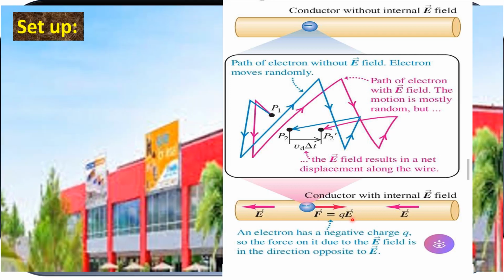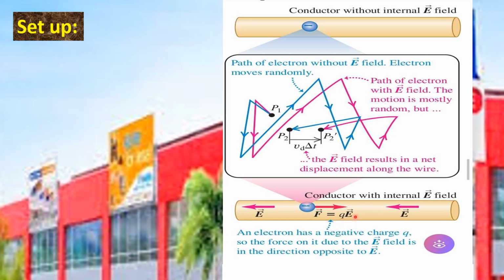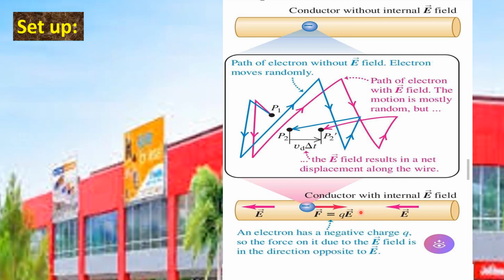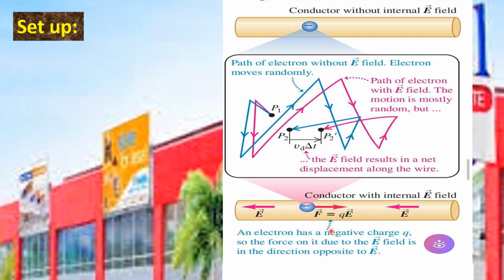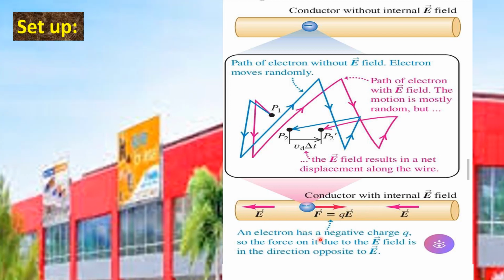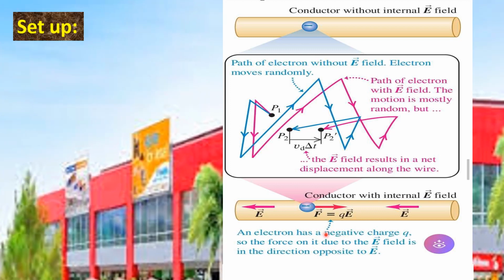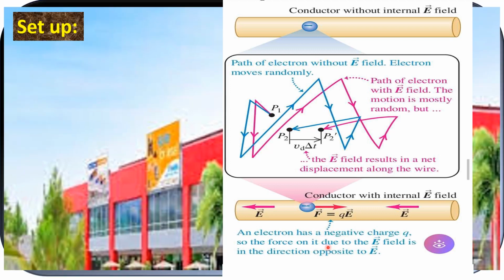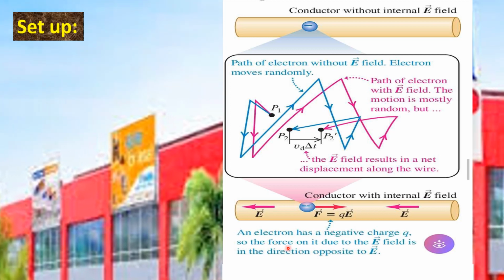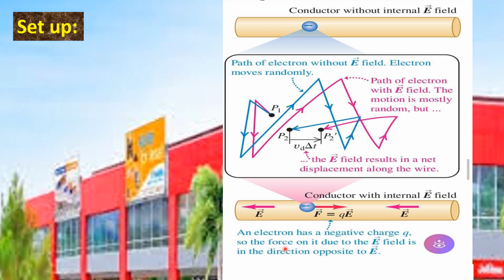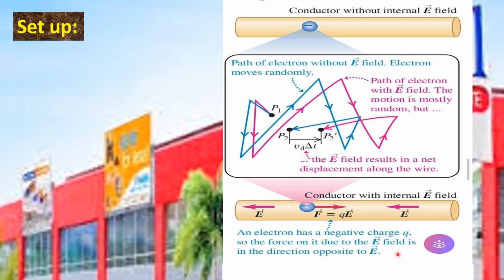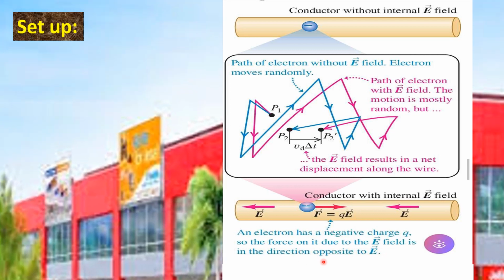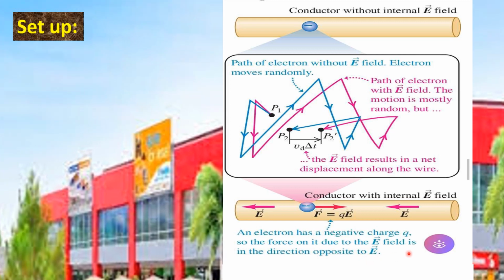So we can imagine the conductor with an internal electric field. In this illustration, an electron, which has a negative charge, experiences a force due to the electric field in the direction opposite to the electric field.